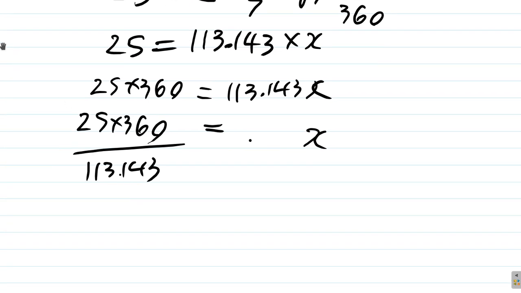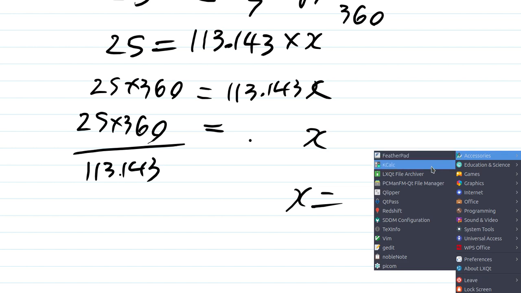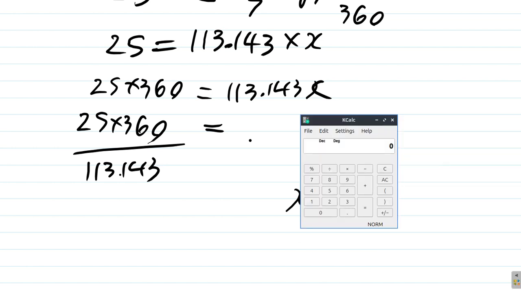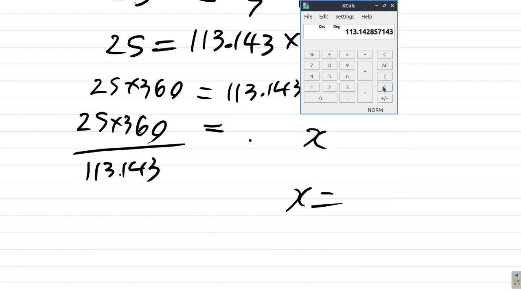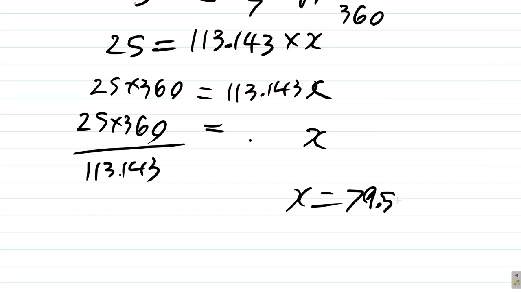Let's switch the left hand right around and say x is equal to, so what do we get for this now? 25 multiplied by 360 and then you divide by 113.143 equals 79.54.